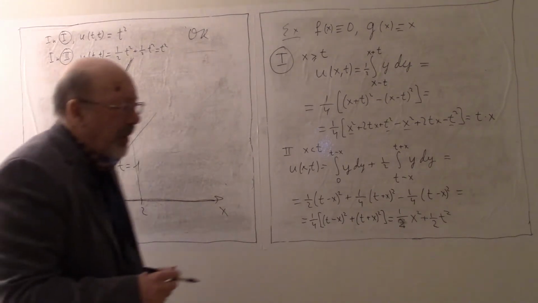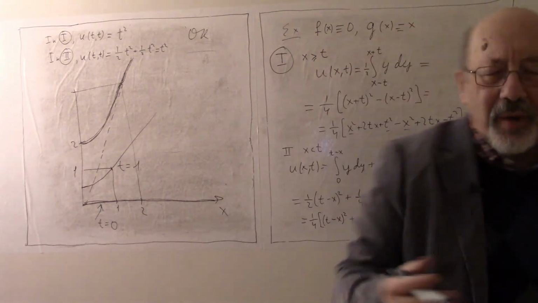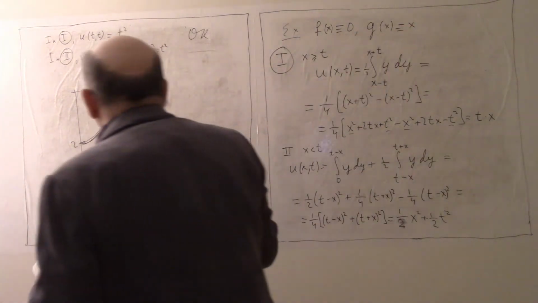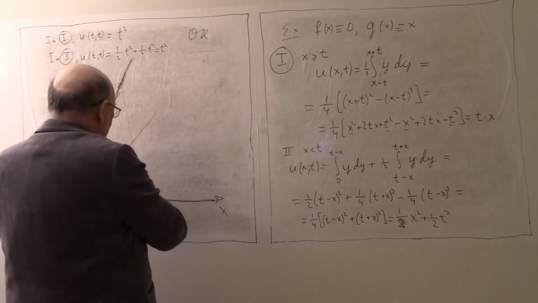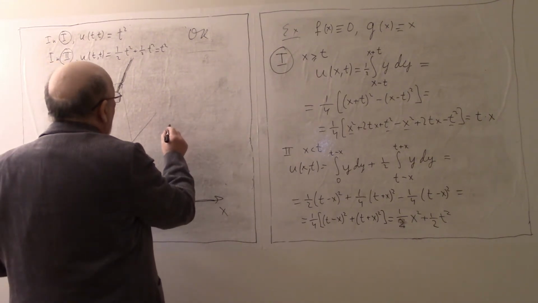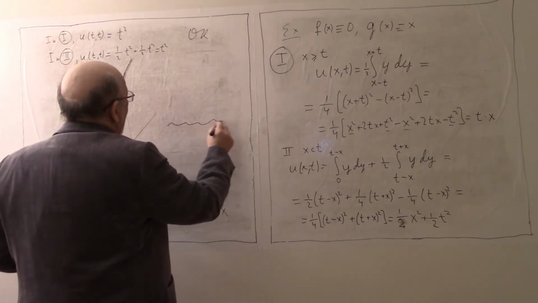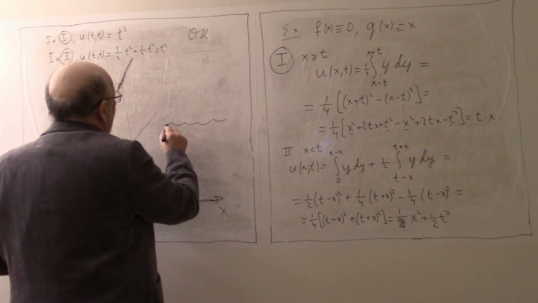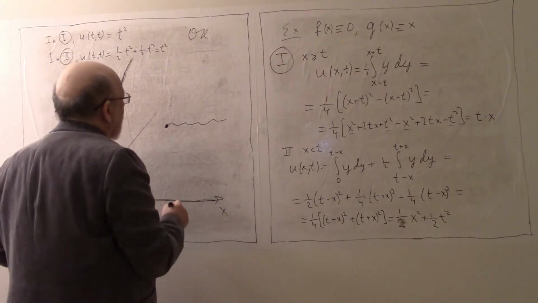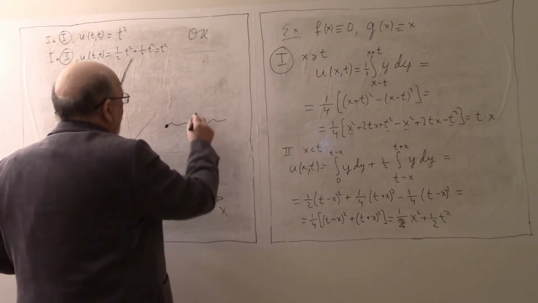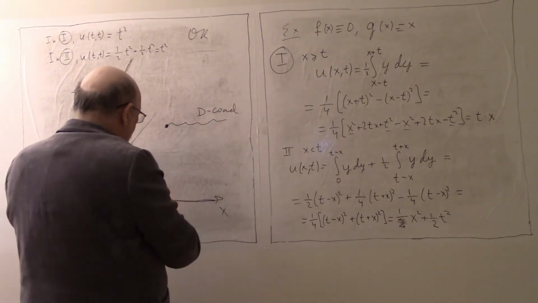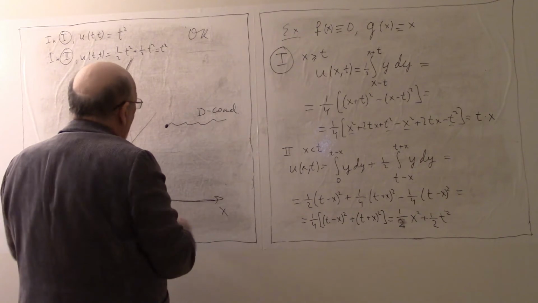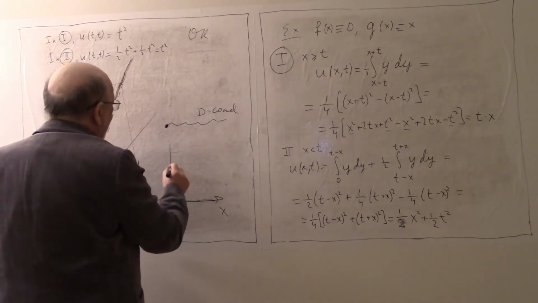Now, we can visualize it. With the Dirichlet condition, the physical image is that we have a string and it is fixed at the end point. Yes, it is the Dirichlet condition. For the Neumann condition, it looks like this.